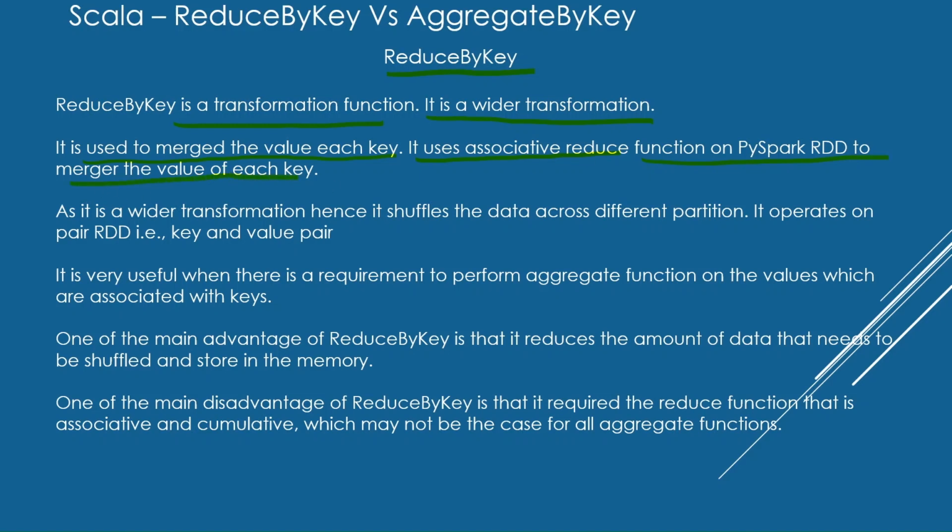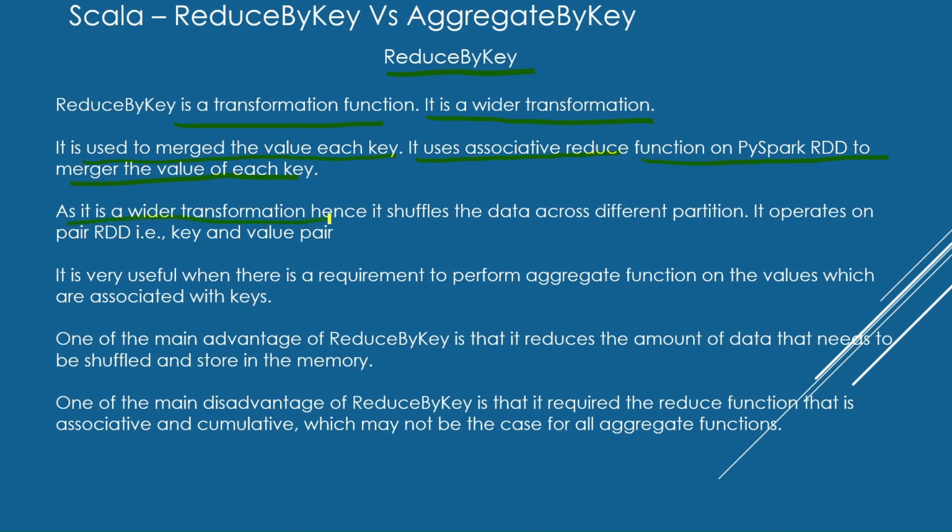What does it mean? It means that whenever we use the reduceByKey function over an RDD, it will use an associative reduction function to combine the values of each key, and it will return an RDD which has the key and the aggregated value.